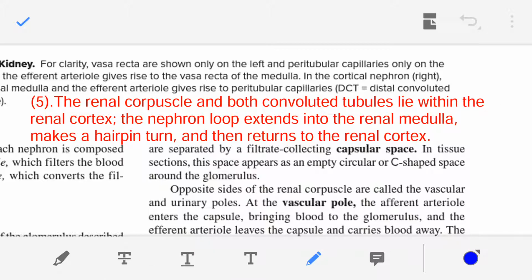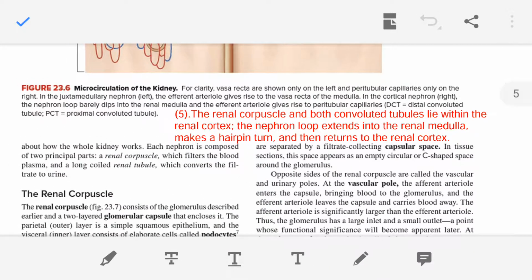Now Henle's loop. The loop of Henle, or the nephron loop, extends into the renal medulla and makes a hairpin-like turn and then returns to the renal cortex.